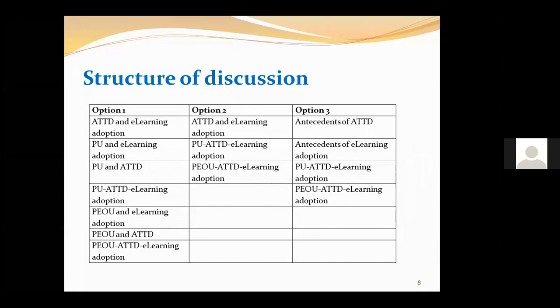There are three options. Option number one, which is in the first column, is you can choose to discuss your hypothesis or research questions in the order that you originally listed them in your chapter one or literature review.